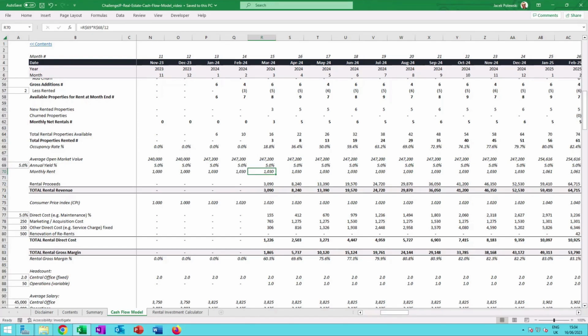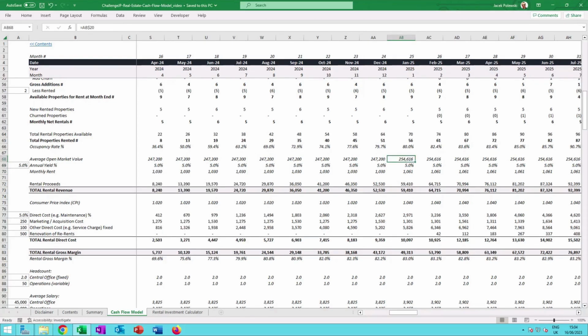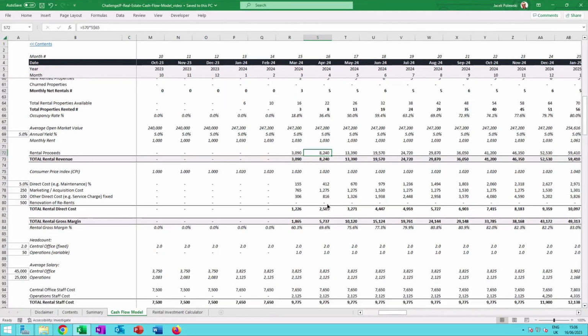But the nice thing about that yield calculation is that as the property value increases, so does the average rent. Those two are linked, and it's one of the methods you use to estimate the potential level of rent that you can receive in a given market. Now, I'm also estimating some direct costs here.